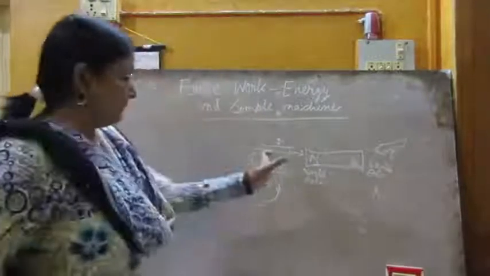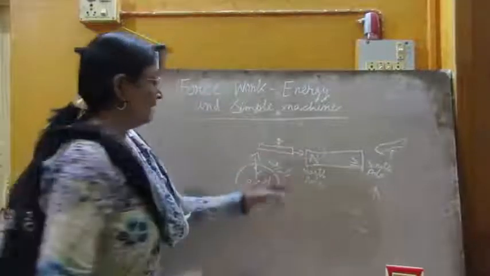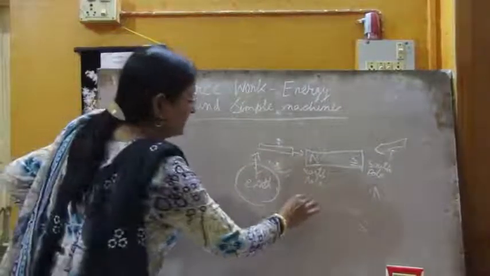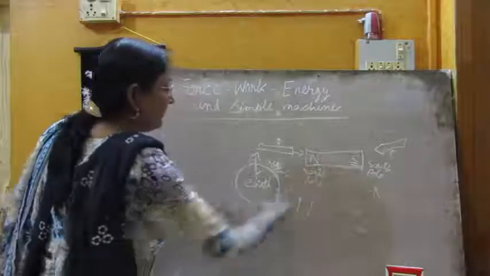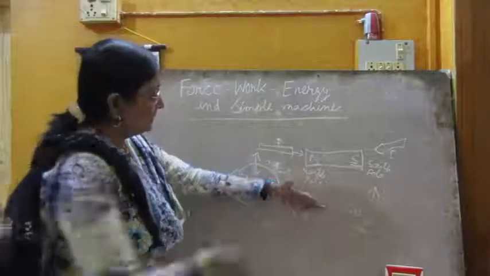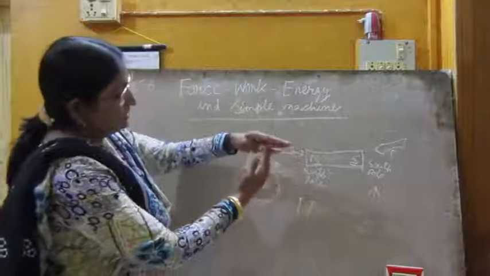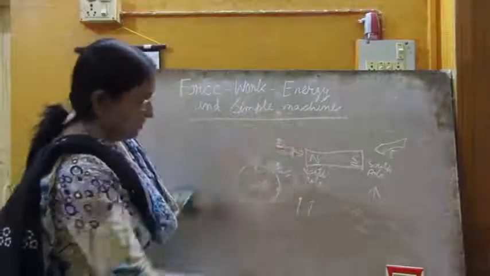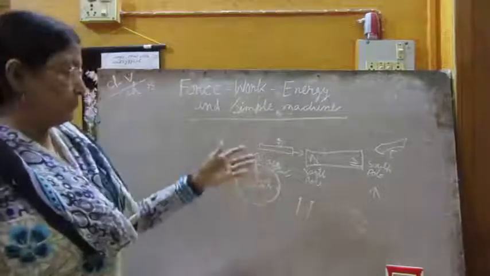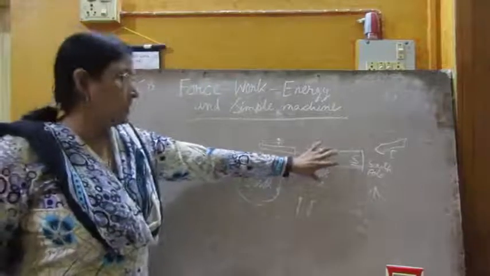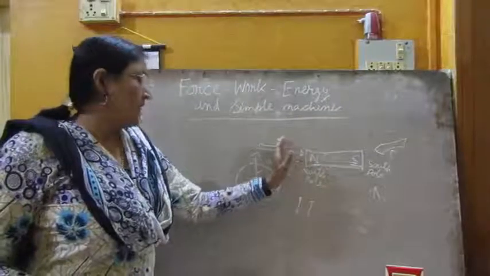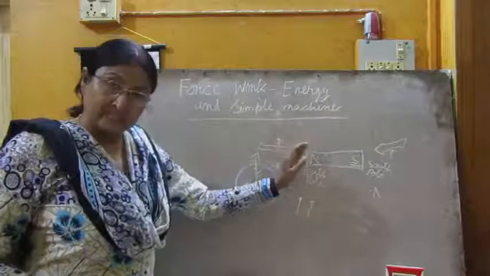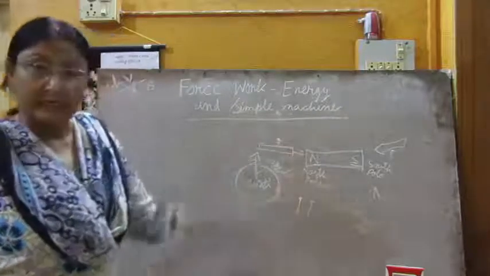Okay, if you take a magnet and put it near iron filings or pins, suppose these are the iron pins, if you bring the magnet here, you will see all the pins will be lying like that. So in this way, the force by which a magnet attracts another magnet or an iron object is called magnetic force.